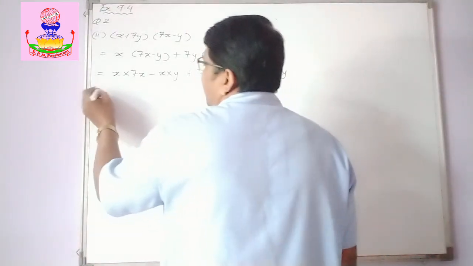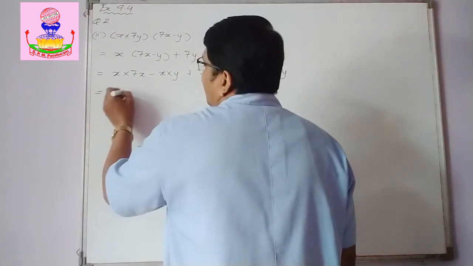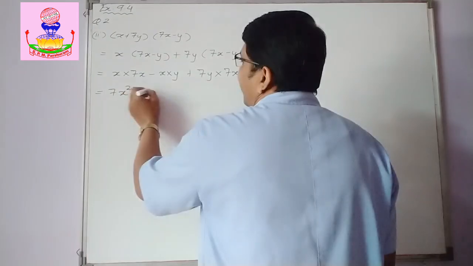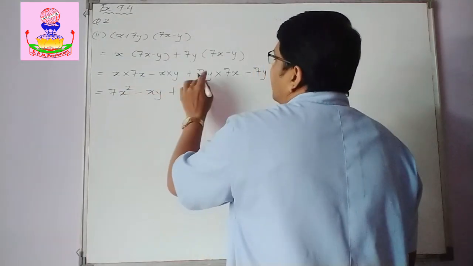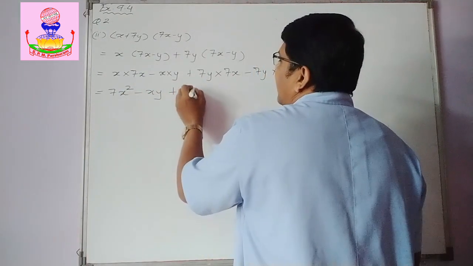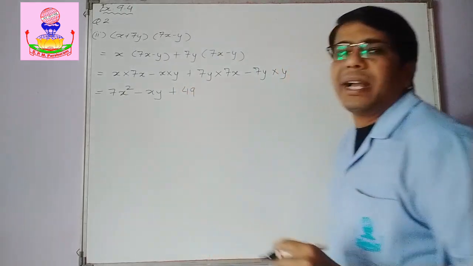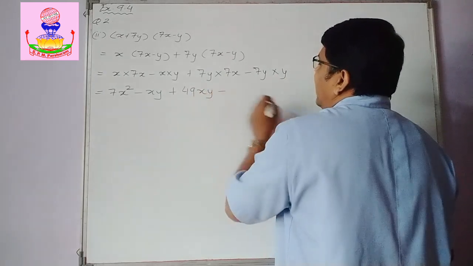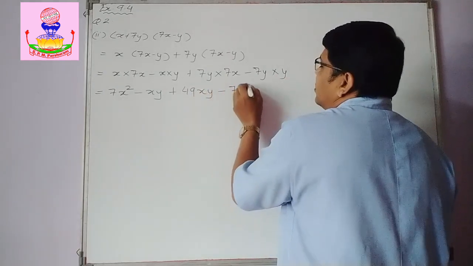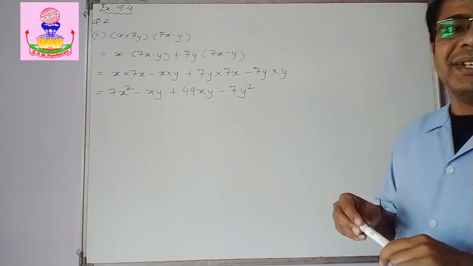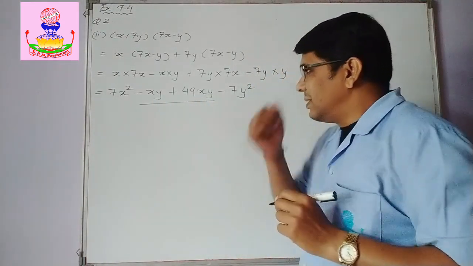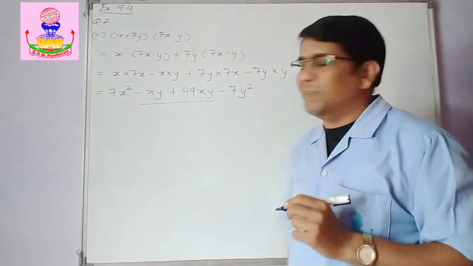Now 7x into x, x square, minus xy, plus 7 7s are 49, y into x, yx, or I can write it as xy, minus 7 y into y, y square. Now you can see here, these are the similar terms.